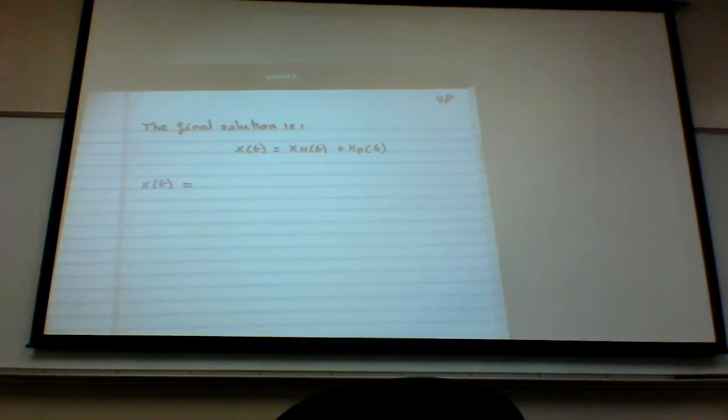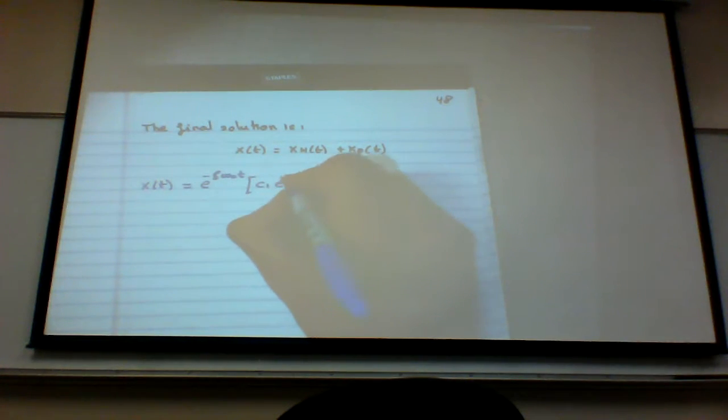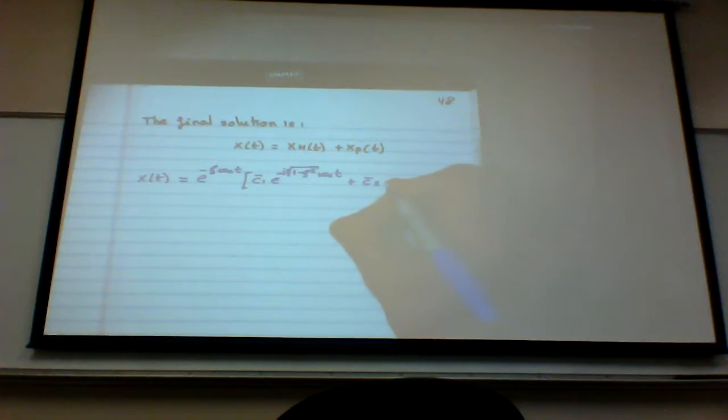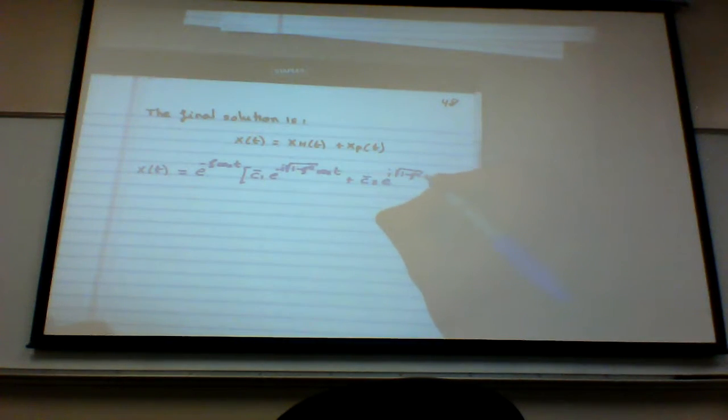I have the general solution here: exponential of minus damping ratio times omega n t, C1 exponential of minus i square root of 1 minus zeta squared omega n t plus C2 exponential of i square root of 1 minus zeta squared omega n t. So this is homogeneous.